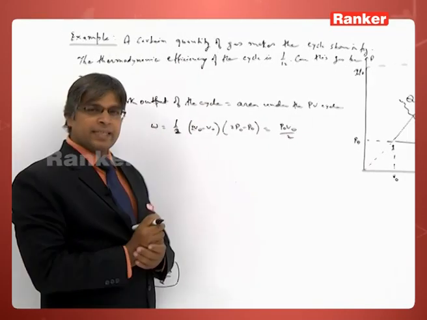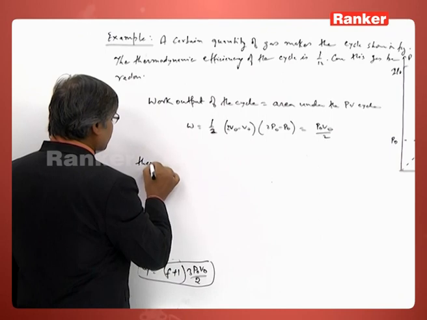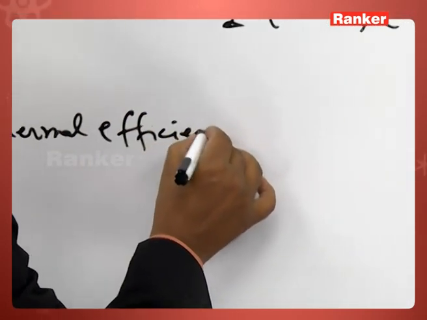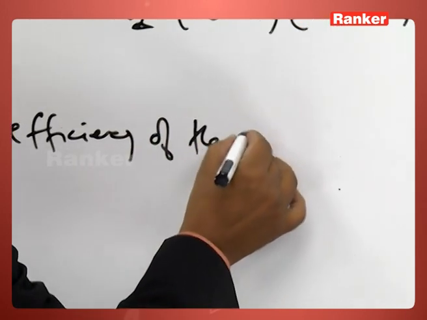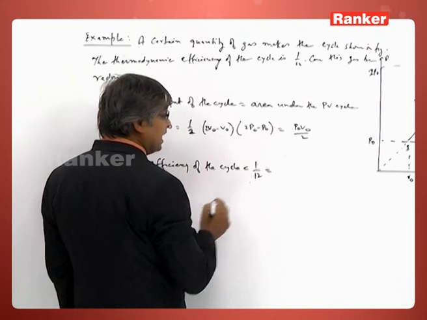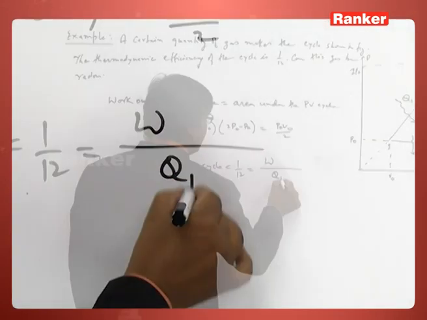Now it is given in the problem that the thermal efficiency of the cycle is equal to 1 by 12, which is defined as work done by heat input.